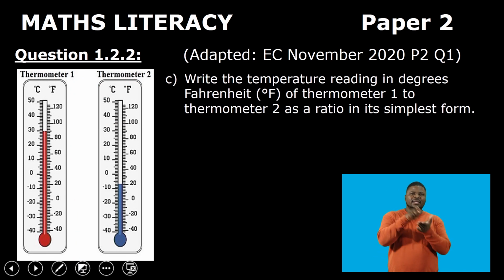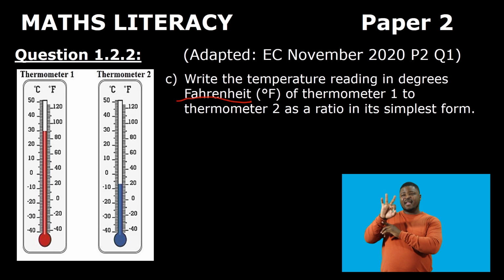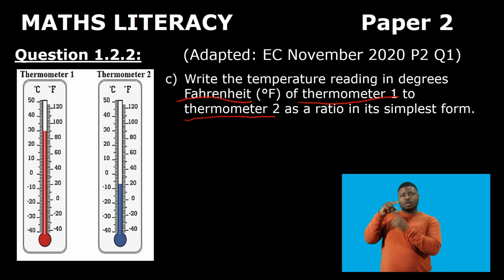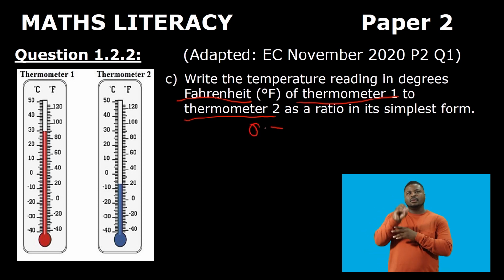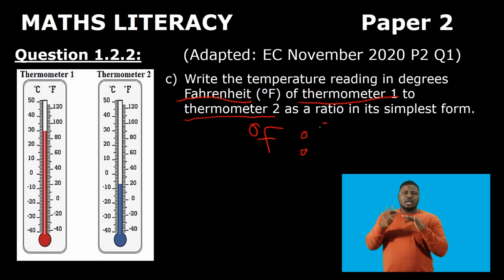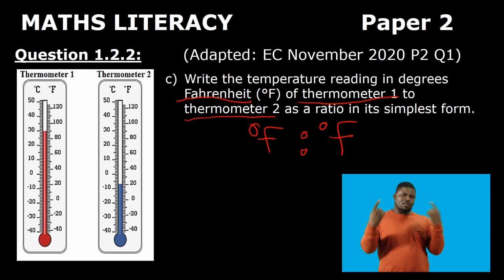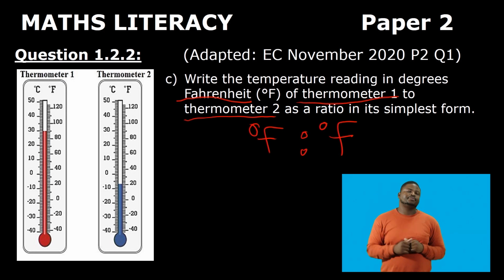Write the temperature reading in degrees Fahrenheit of thermometer 1 to thermometer 2 as a ratio in simplest form. So now we need to write it as a ratio, degrees Fahrenheit, for thermometer number 1 and thermometer number 2. Remember, this is a ratio, so it needs to be in order.